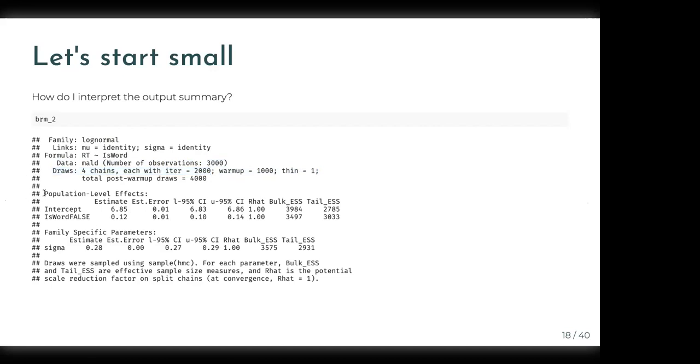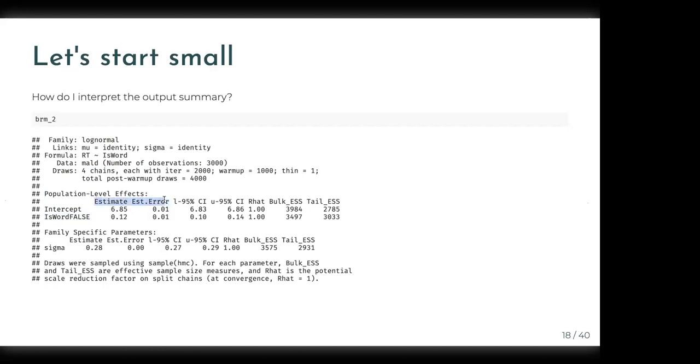Then you have the important bit, which is the population-level effects. As you might expect, you get an intercept and then a coefficient for when is_word is false. is_word is coded with treatment contrasts by default, so true is the reference level and false is the level that is compared to the reference level. What matters here is that you get an estimate and an estimated error.